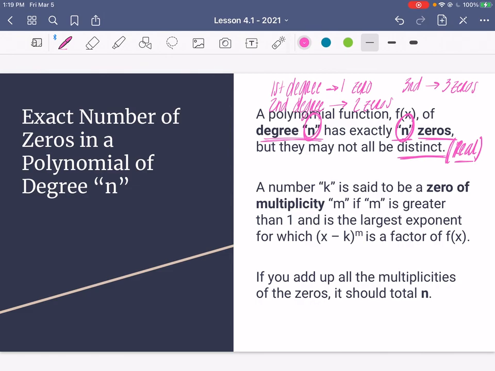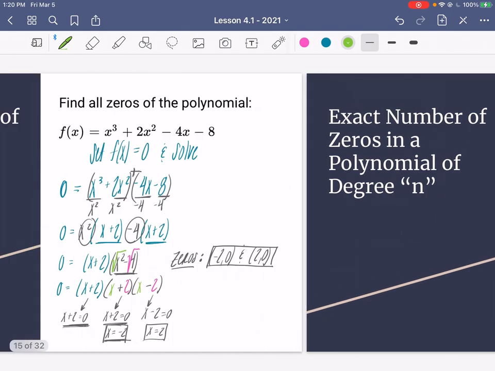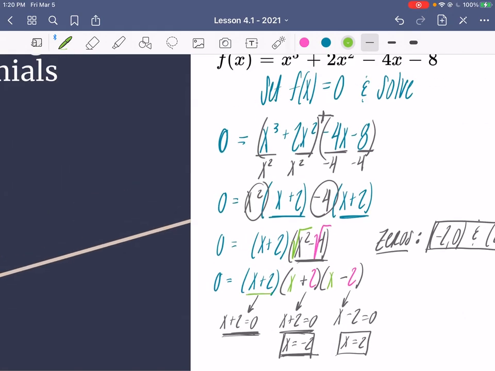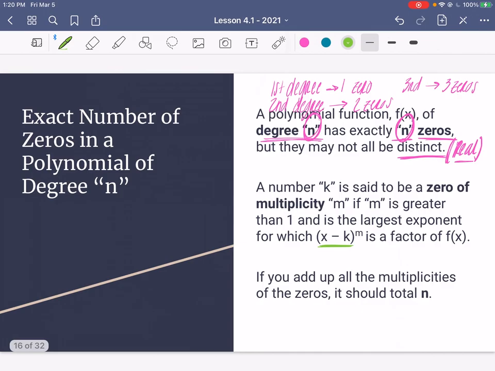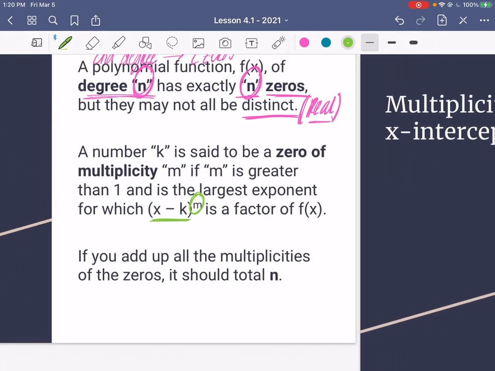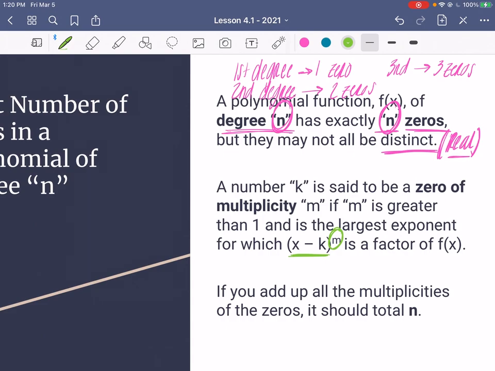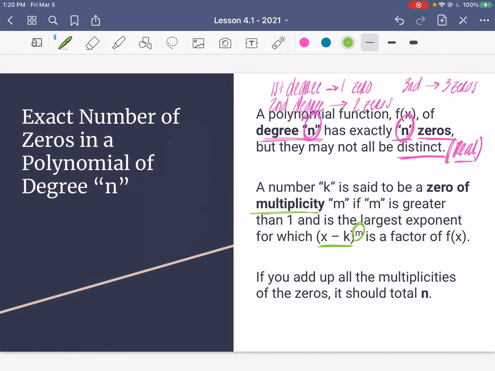Also, if you have a root or a factor that appears multiple times within a polynomial, just like we did on the previous page, we had x plus 2 times x plus 2, which is the same thing as x plus 2 squared. If that appears multiple times, or it has an exponent attached to it and it's multiplying times itself, then that is what we call the multiplicity.